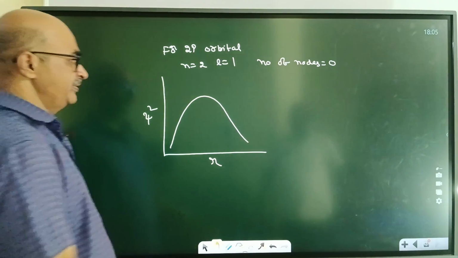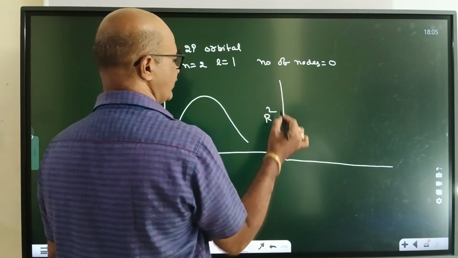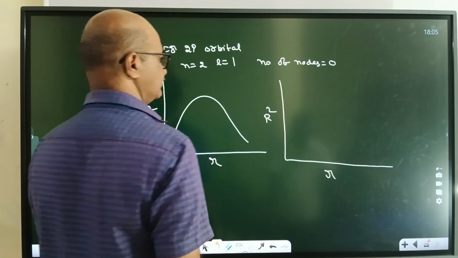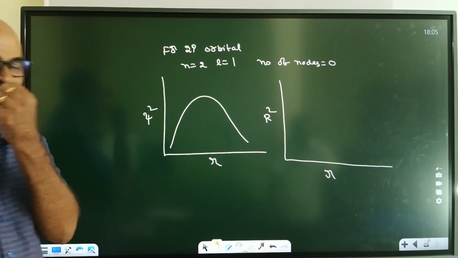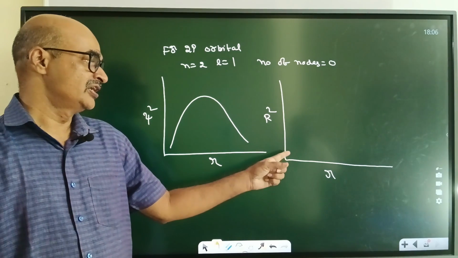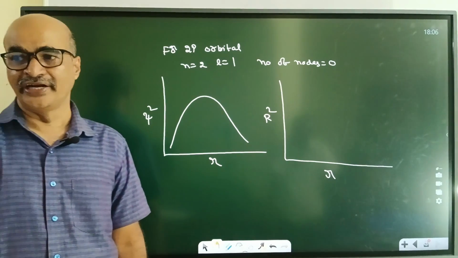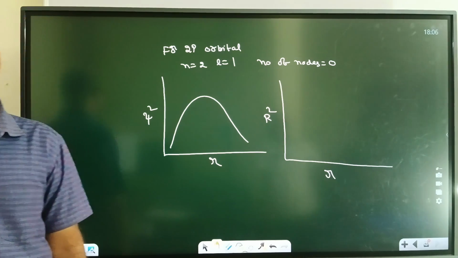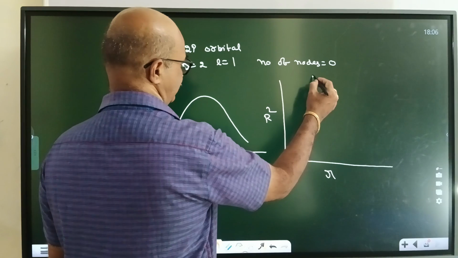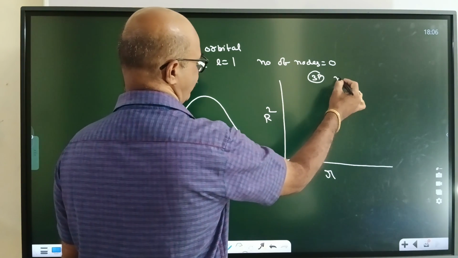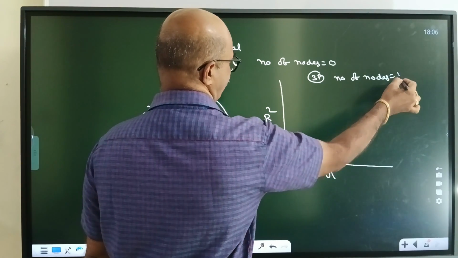Okay. For 3p orbital, this is r square, this is r. For every p, d and f orbital, the graph does not start at the nucleus, since these orbitals are not found at the nucleus. Number of nodes for 3p orbital is equal to 1.